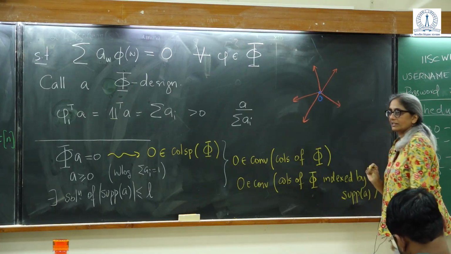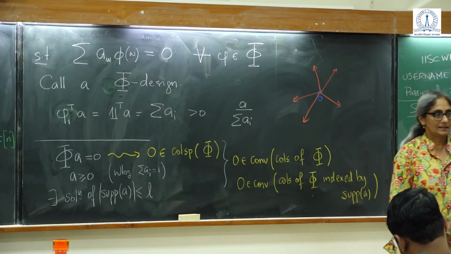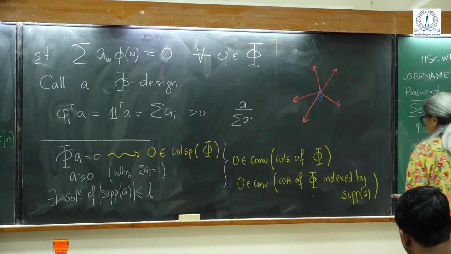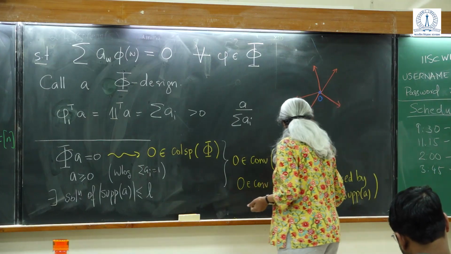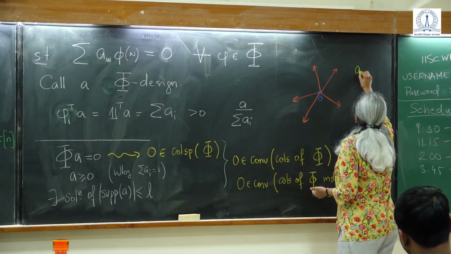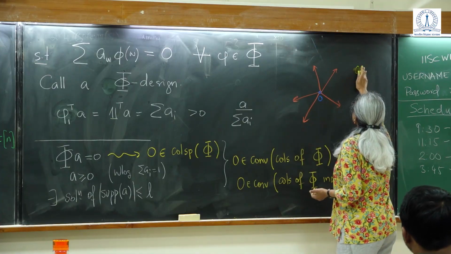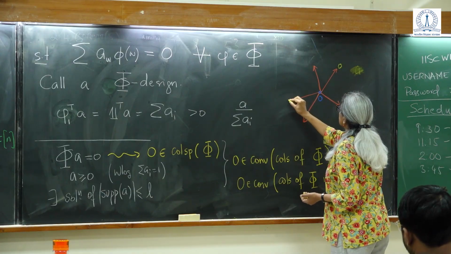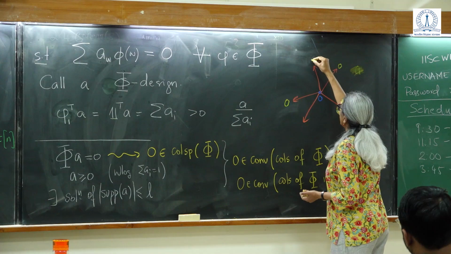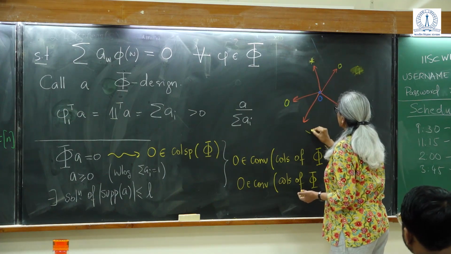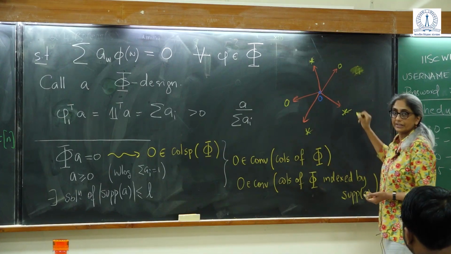This is what we actually can conclude, right? So some of the A coordinates are 0. For example, if my A vector was, running out of colors here, 0 on this, 0 on this, and something non-zero here, here, and here.